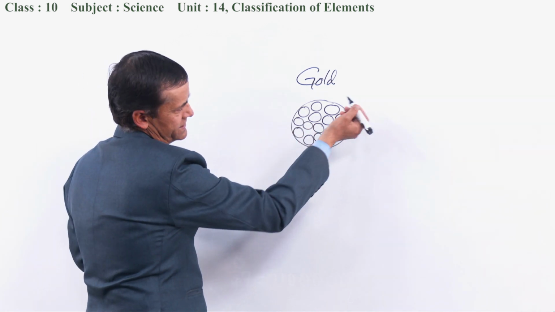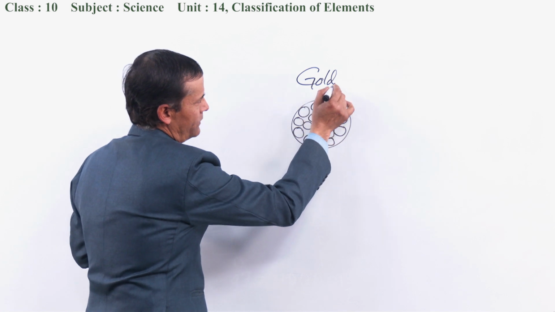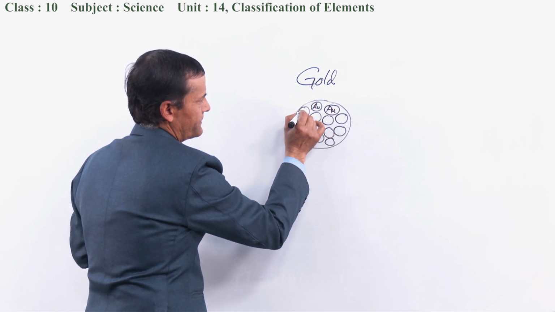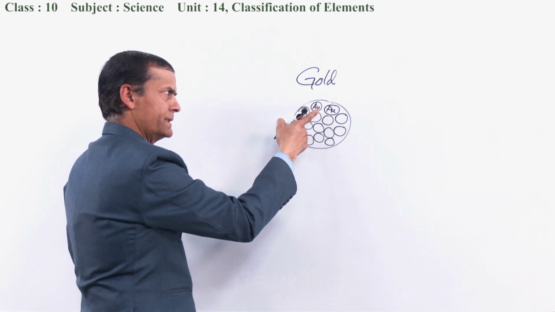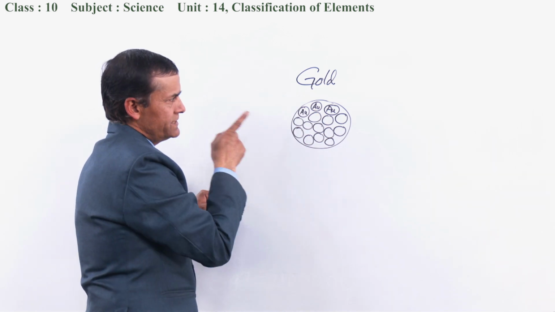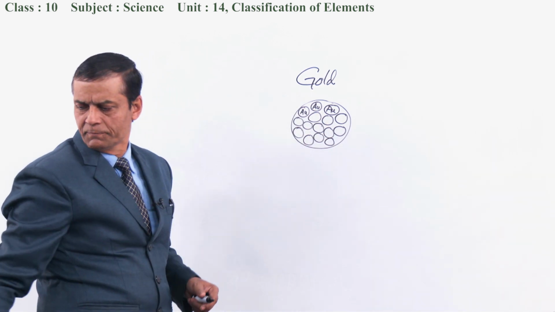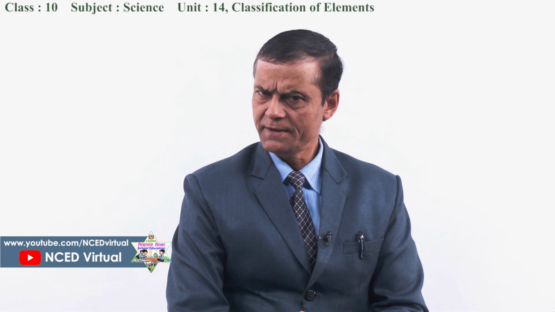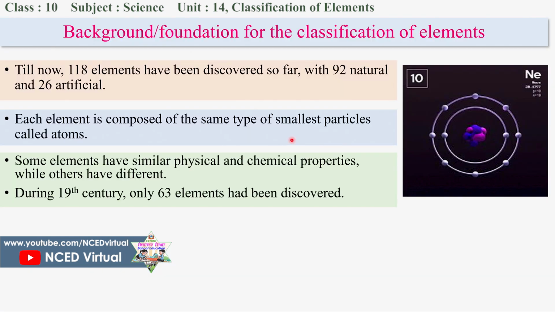Not only gold, oxygen is also the same. Every gold atom is symbolized as Au, because they are the particles of gold. Those elements have the same type of particle called the atom.